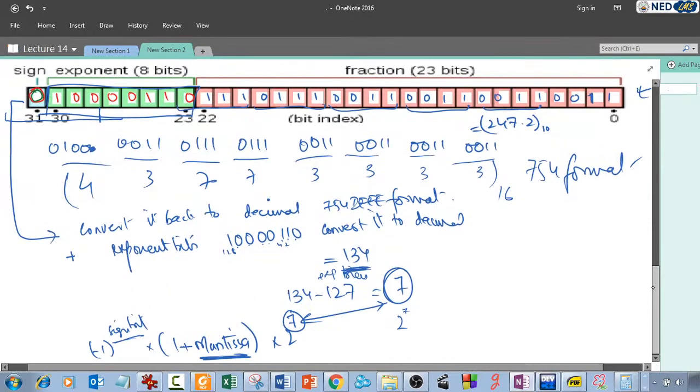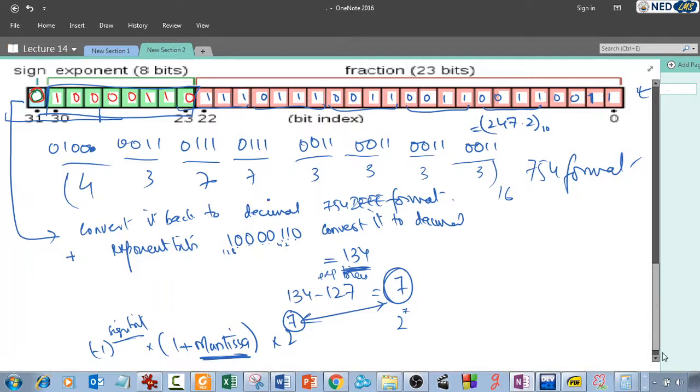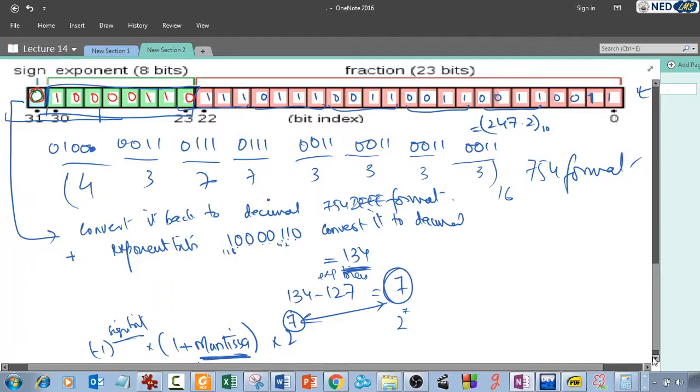To figure out the Mantissa part, let me write it down somewhere where we have the space. The Mantissa part goes from these last 23 bits. So the Mantissa part is 1110, then 1110, then 0110, 0110, and then 0110, 011.